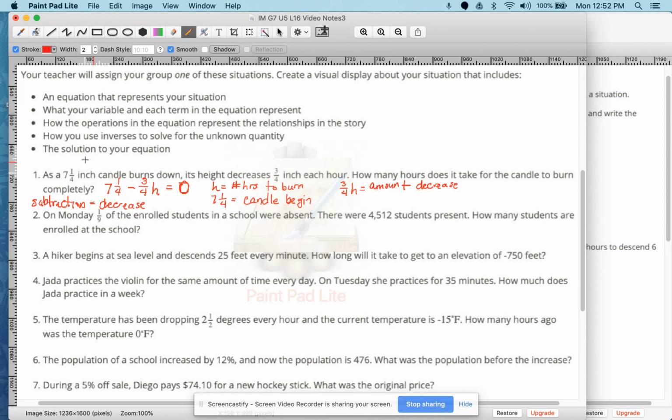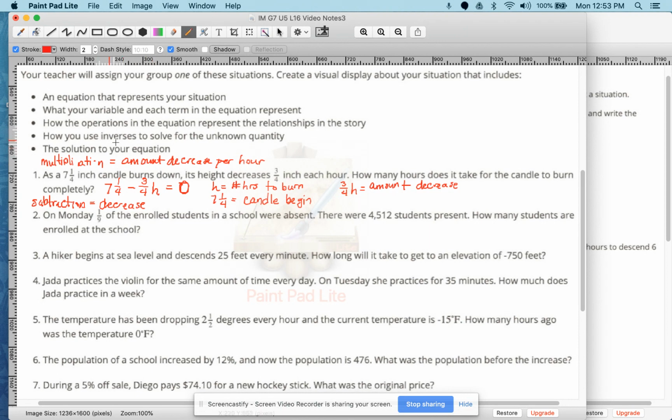We're also using multiplication, which is here, 3/4 times an hour. So multiplication represents the amount of decrease per hour. Okay, so we've got a subtraction symbol and we've got multiplication going on here.